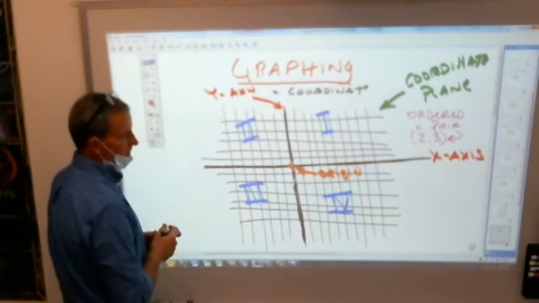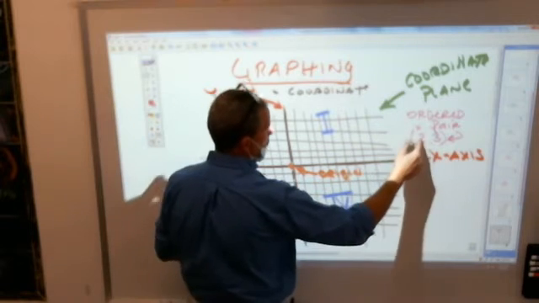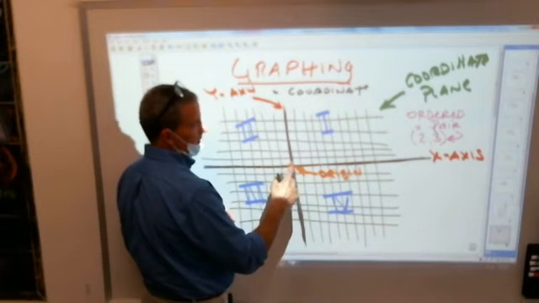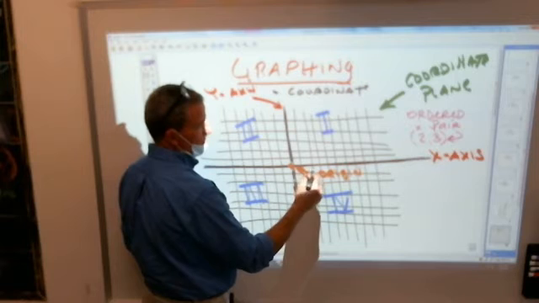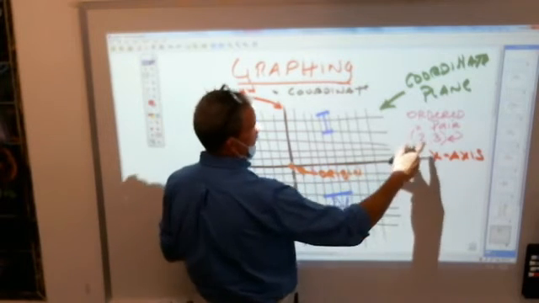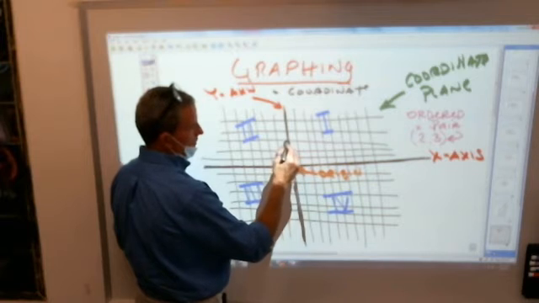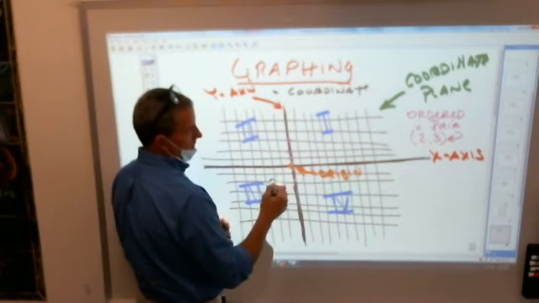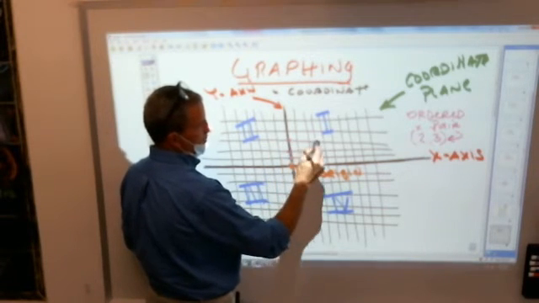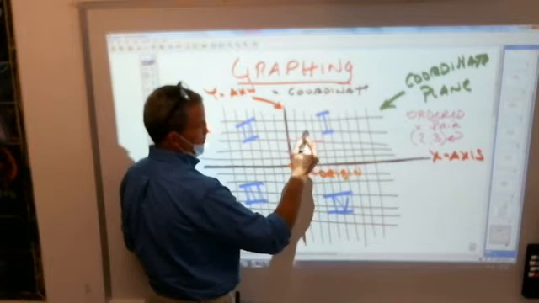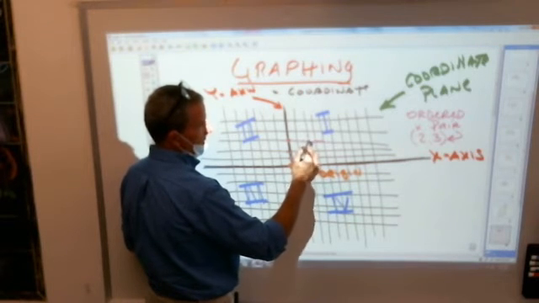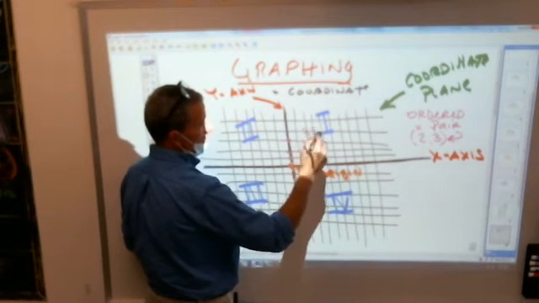Which means this: if I find 2 on the x-axis, which is right here, here's 1, here's 2, and I find 3 on the y-axis, which is right here, 1, 2, 3, the place where those lines cross is point 2, 3.